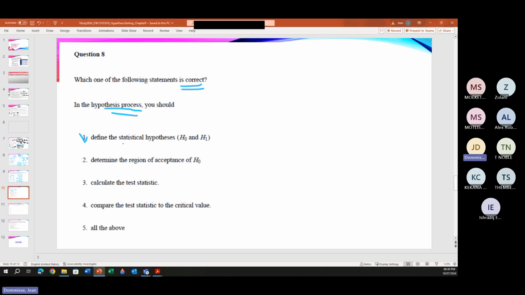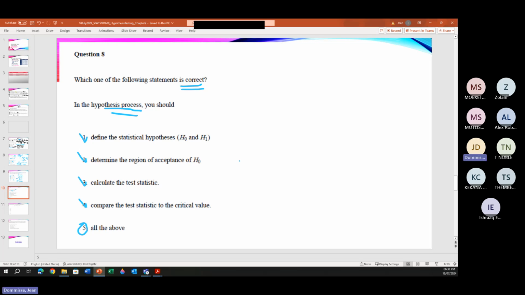Yes. You need to determine the region of acceptance. Yes. You need to calculate the test statistic. Yes. And you need to compare the test statistic to the critical value. Yes. So actually, all of them are correct. Okay.